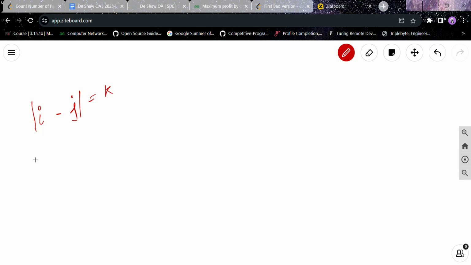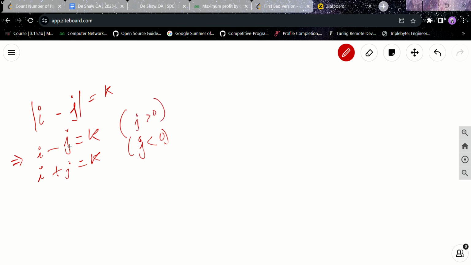Now if we open the mod, according to mathematics, we can get i minus j is equal to k, and i plus j is equal to k. The minus version applies when j is negative, and the plus version when j is greater than 0. That is the property of modulus.